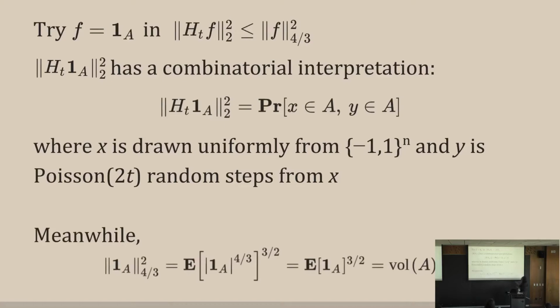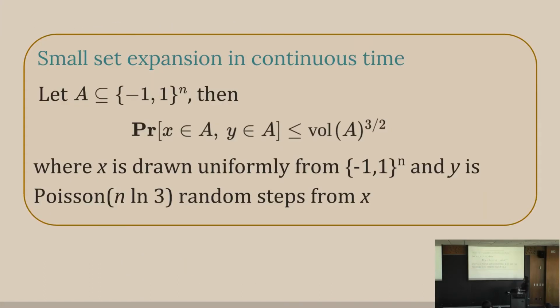On the other side of the inequality, we can also plug in the indicator function, and that just pops out the volume of A raised to the 3/2 power. When we put that together, we get another version of the small set expansion property, which says that if you look at the random walk that I was talking about, the probability that you remain inside the set after taking Poisson 2t steps is bounded above by the volume of the original set.